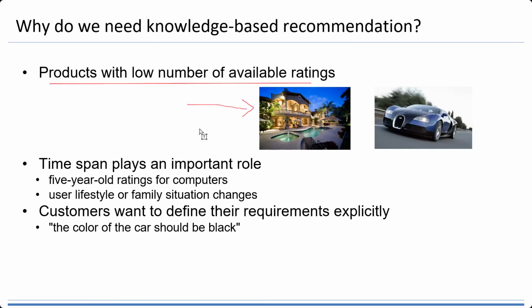This is a very expensive house, maybe only for rich people. And there is no rating, because maybe the people who buy this kind of house are only one or two. Not so many people want to buy this kind of house.